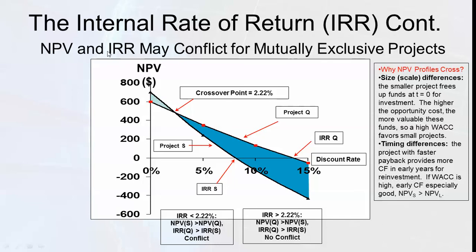So NPV and internal rate of return may conflict for mutually exclusive projects, and the conflict is because of the size and timing difference of these cash flows.